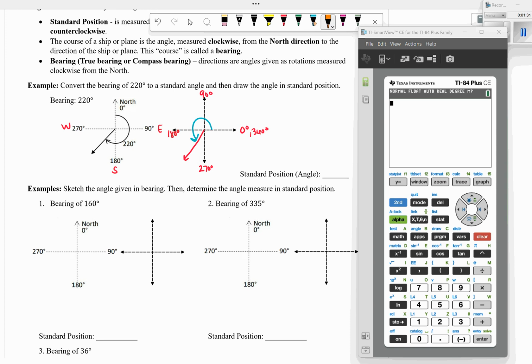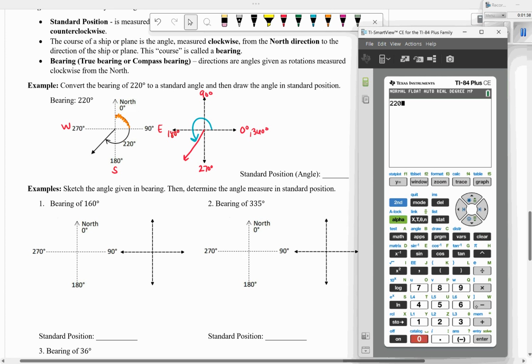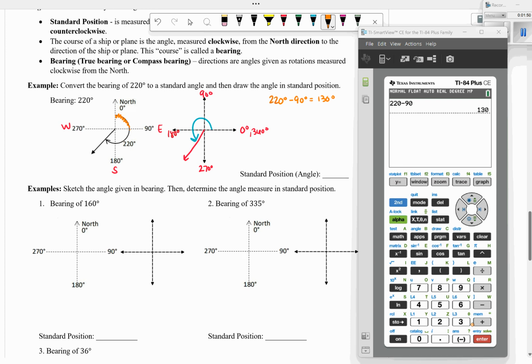So let's say we were to take off this 90 degrees here. So we have 220 minus 90. So if we do 220 minus 90, notice we get 130. So that would be the distance from a standard angle from here to here as a negative angle measurement. So from here to here is negative 130 degrees.